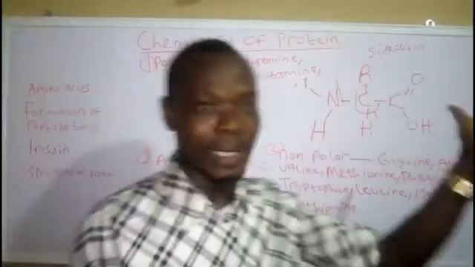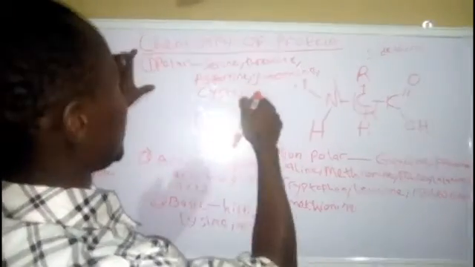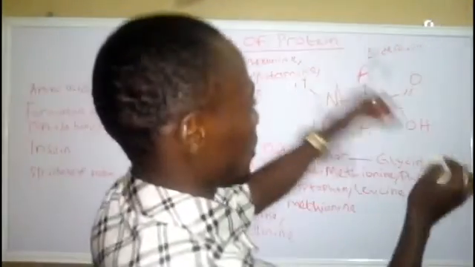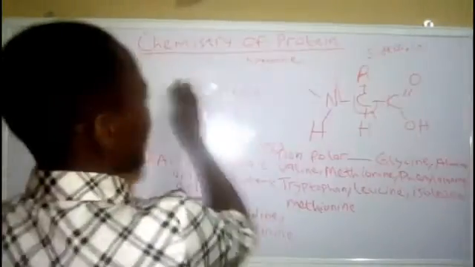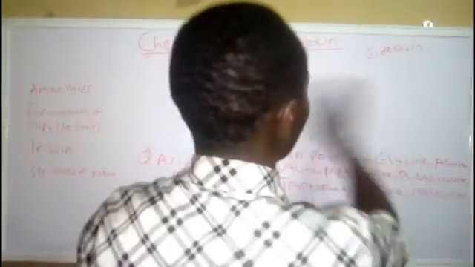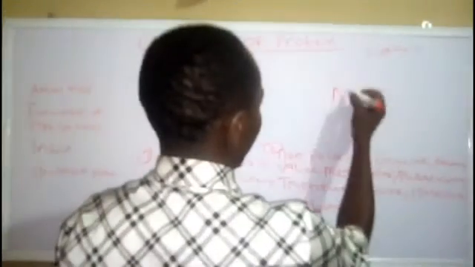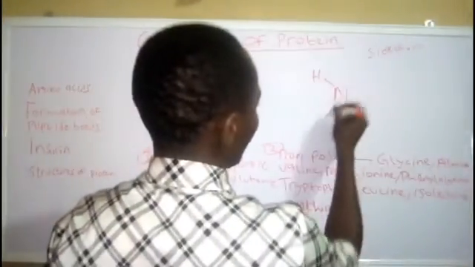So let's proceed further. These are the amino acids, and they are classified based on the side chains they have. For example, the non-polar ones are called non-polar because of the R part. I mentioned something about the R part, so let me extend it a little bit. This is our N, the amino group.